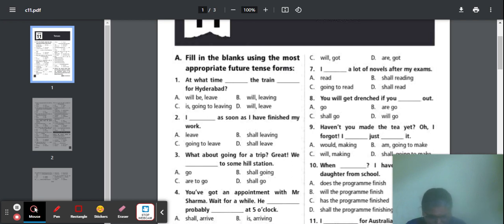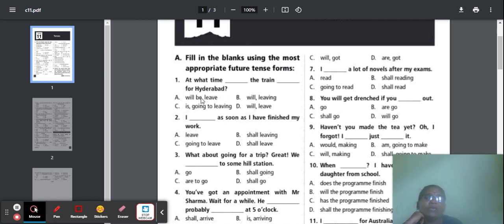At what time does the train leave for Hyderabad? Here they clearly mention the appropriate future, so check the future tense. Yes. At what time will the train leave for Hyderabad?